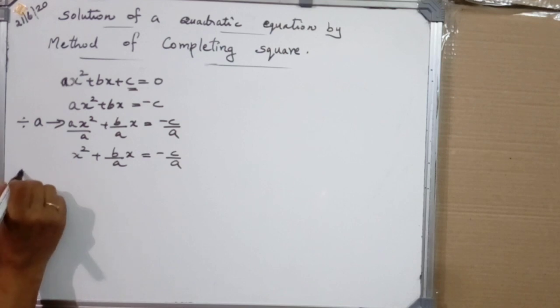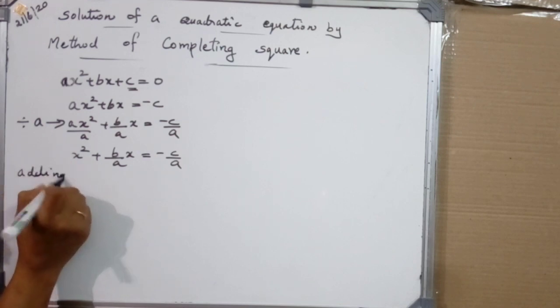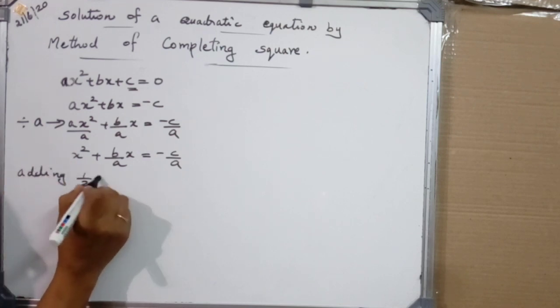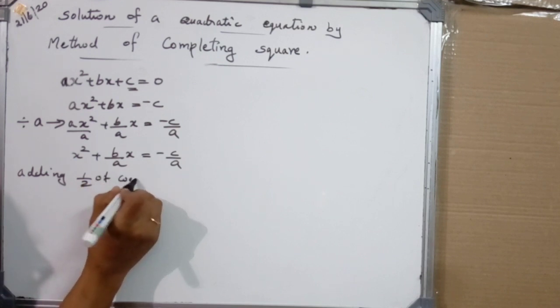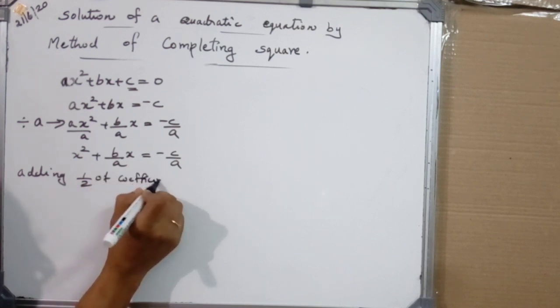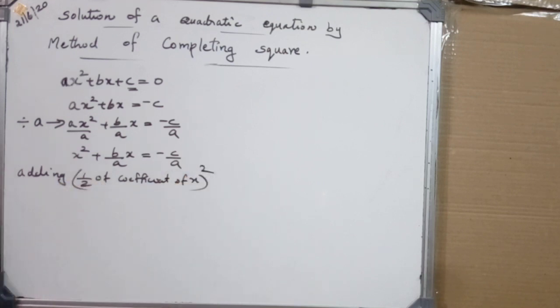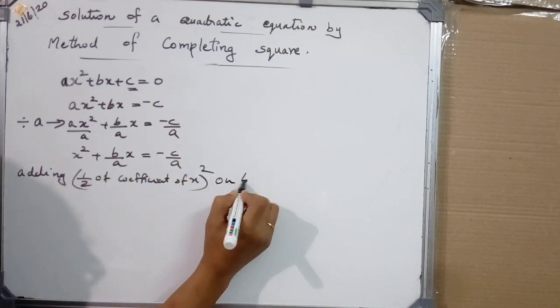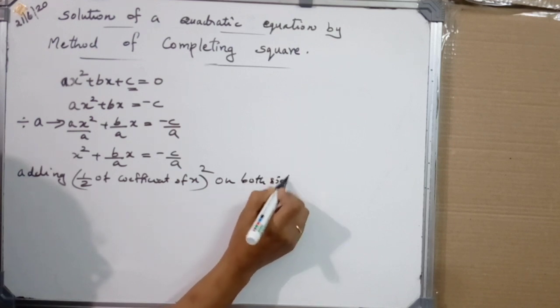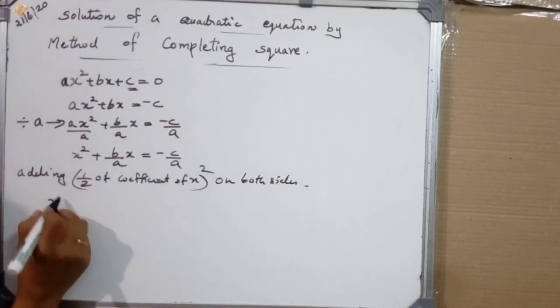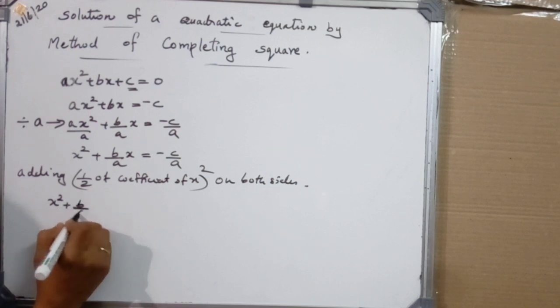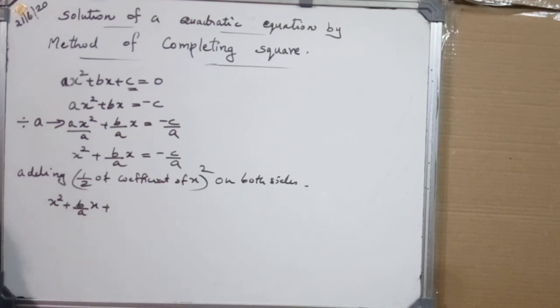Now the next step is adding half of the coefficient of x, the whole square, on both sides. So what do we have to add? x square plus b by a x plus, find what is half of the coefficient of x.